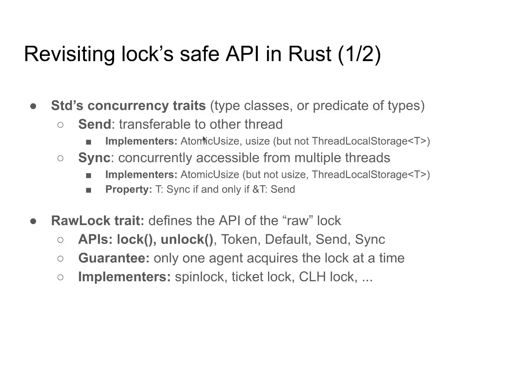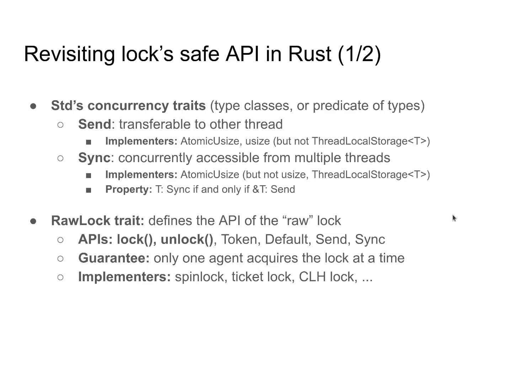And this RawLock is also data. For example, a SpinLock contains a Boolean value that indicates whether the lock is held or not. So it is also data. It is a resource and it contains information inside the lock type, so it needs to implement this trait as well.